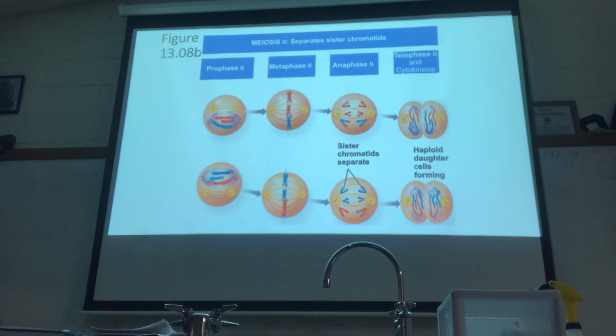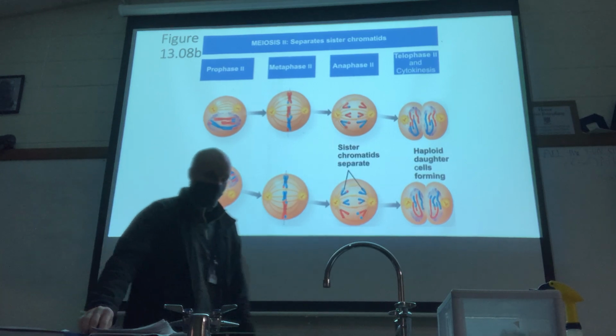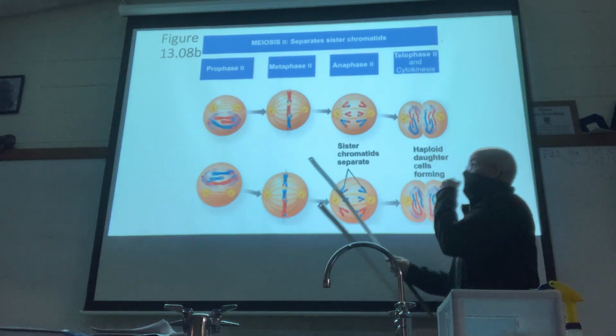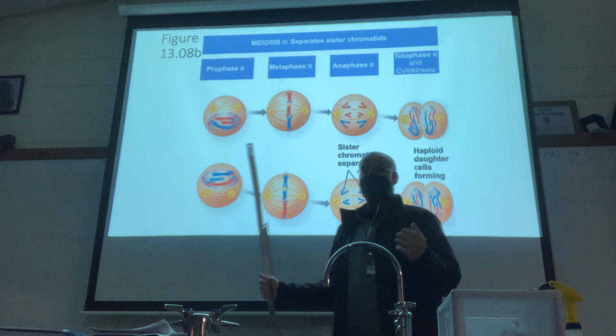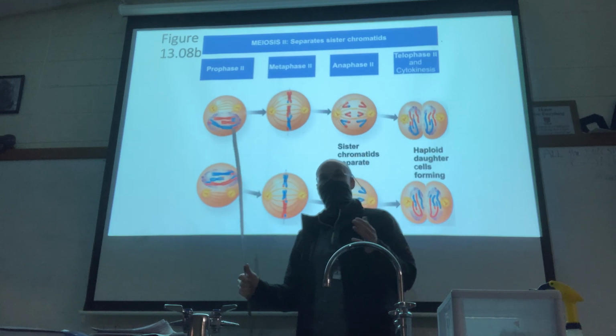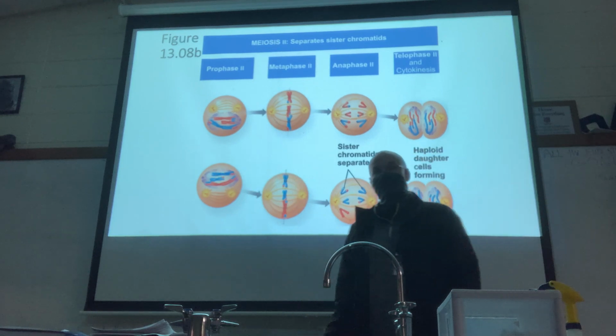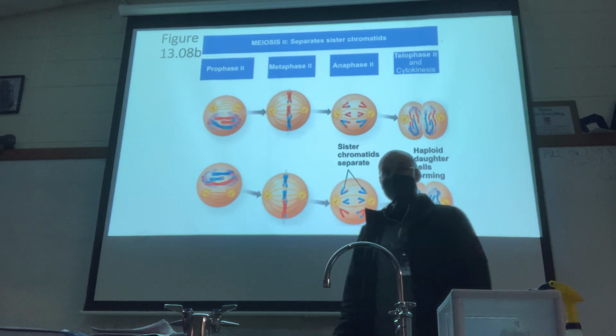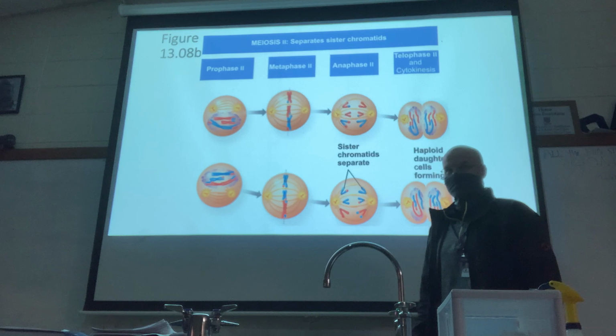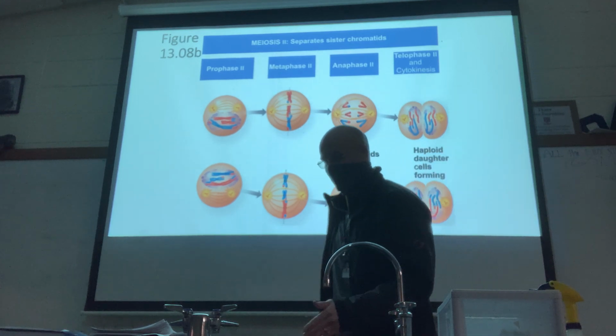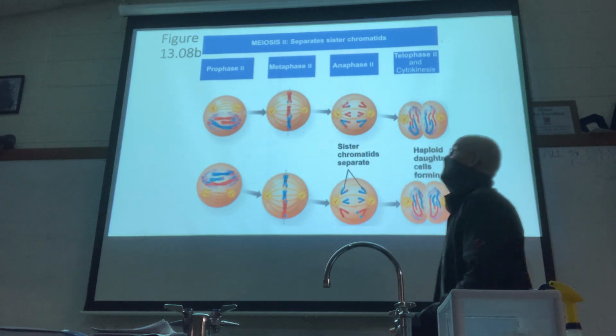This is meiosis 2. Now again, between meiosis 1 and meiosis 2, you might have very little time, or you might have 10 to 15 years of wait between these two, depending on what kind of sex cells are being made.